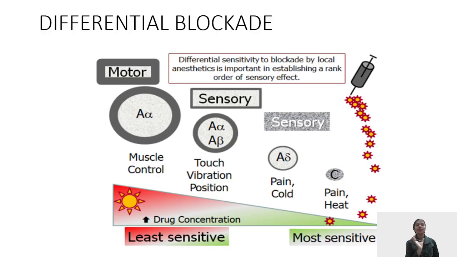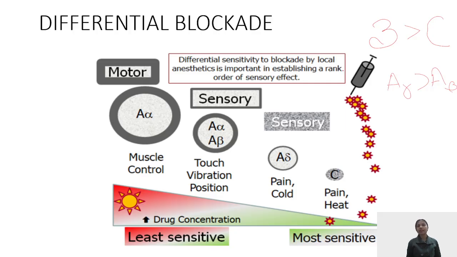We have a differential block which is present here also. The most sensitive fibers, if you remember, are your preganglionic sympathetic fibers, that are your B fibers. They are most sensitive to local anesthetics, followed by C fibers, followed by A delta, A beta, and eventually your thickest of all, your motor fibers, that are your A alpha fibers.